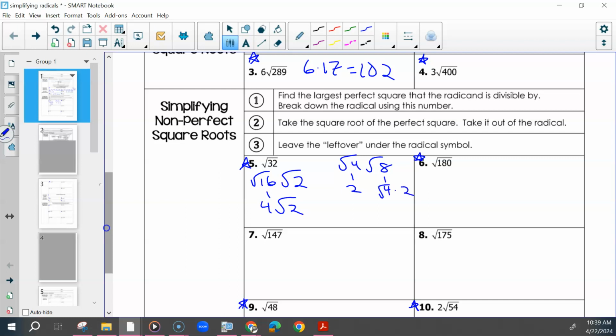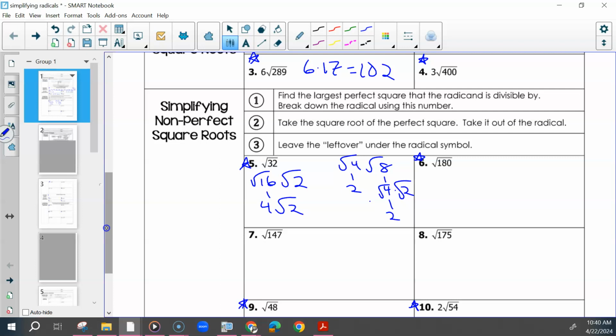The square root of 8, we can't take the square root of 8, but the factors of 8 are 4 and 2. And then I know the square root of 4 is 2. And 2 times 2 is 4. And that's it. So you could break it down like that, or you can use your perfect squares. Whichever one you prefer, you do that.